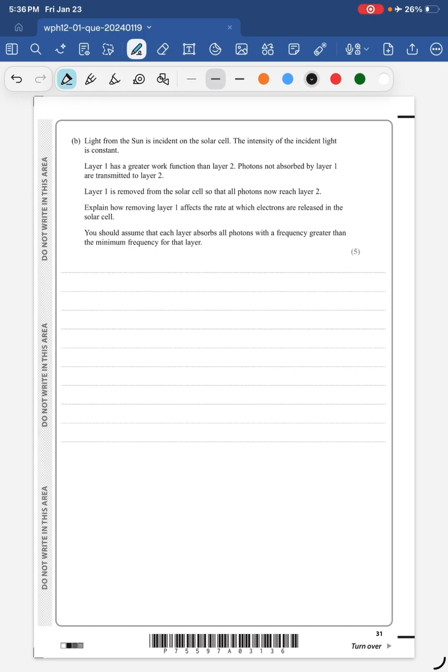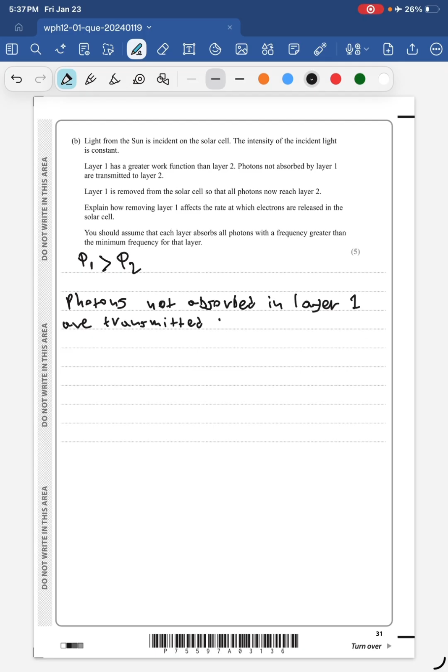Okay, so they tell us that the work function for material 1 is larger than the work function for material 2. They also say that photons not absorbed in layer 1 are transmitted to layer 2.